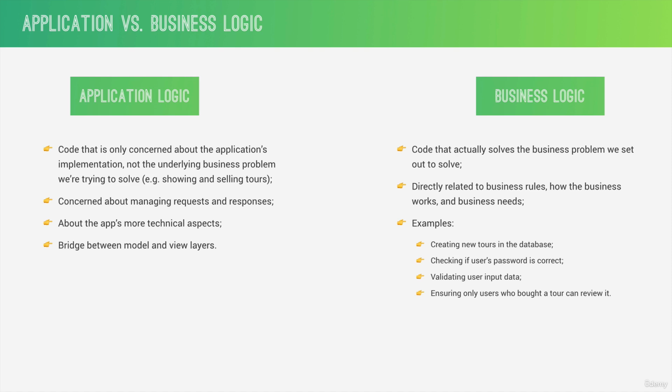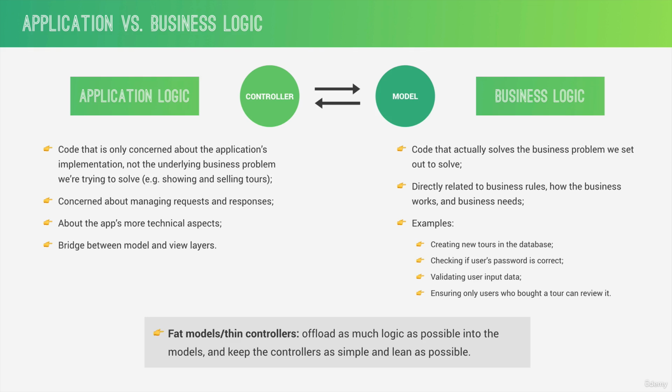Now, we need to keep in mind that application logic and business logic are almost impossible to completely separate, and so sometimes they will overlap. But we should do our best efforts to keep the application logic in our controllers and business logic in our models. And there is even this philosophy of fat models, thin controllers, which says that we should offload as much logic as possible into the models to keep the controllers as simple and lean as possible.